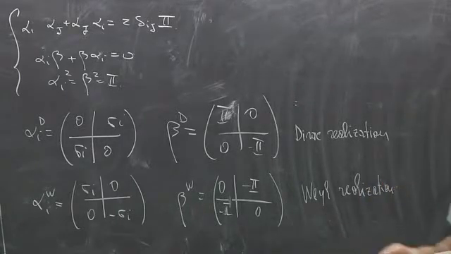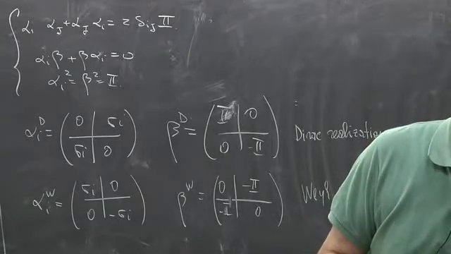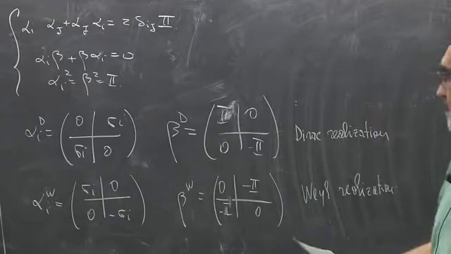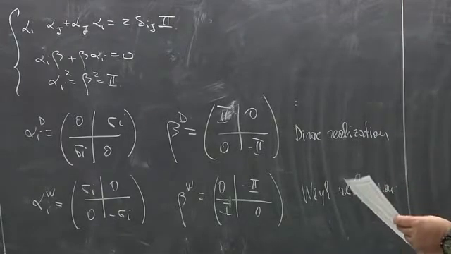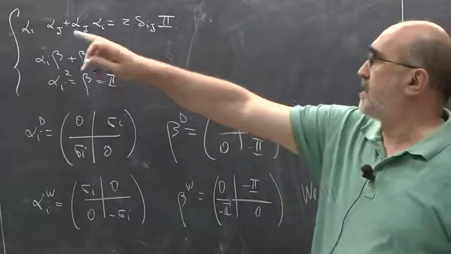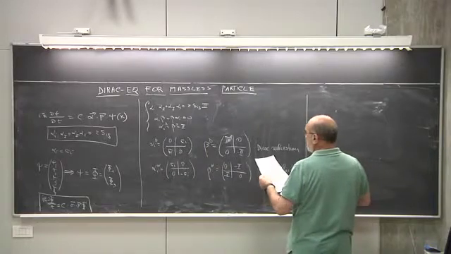But then let's look at what happens if we use the Weyl realization. First of all, let's check it, because maybe you don't believe it. Let's check that at least it satisfies this relation.